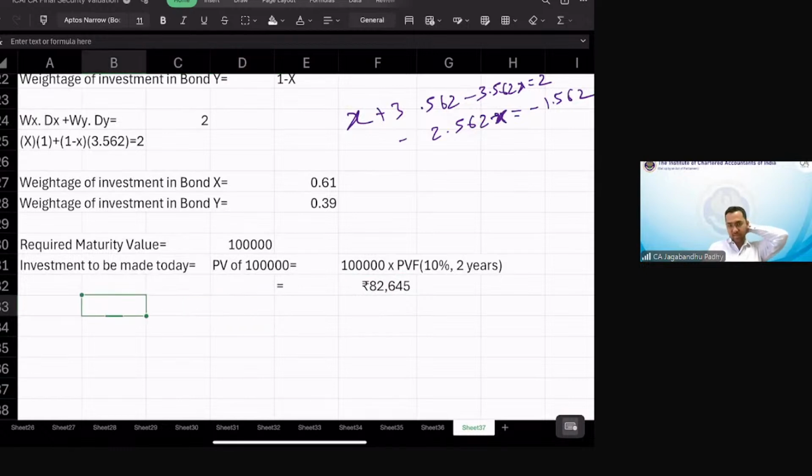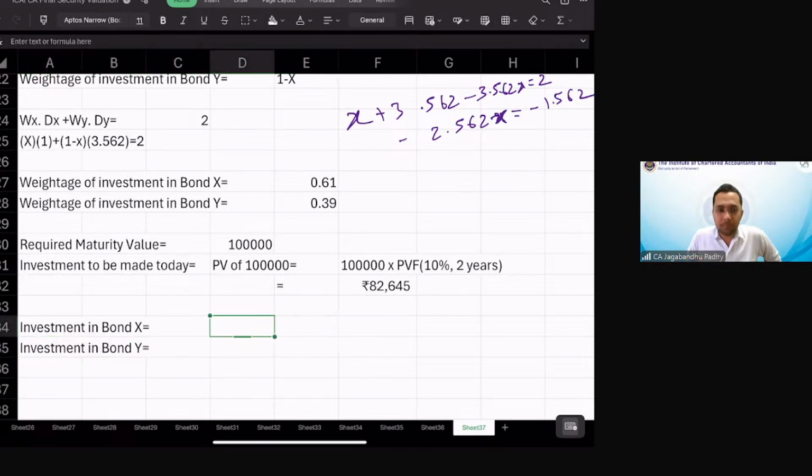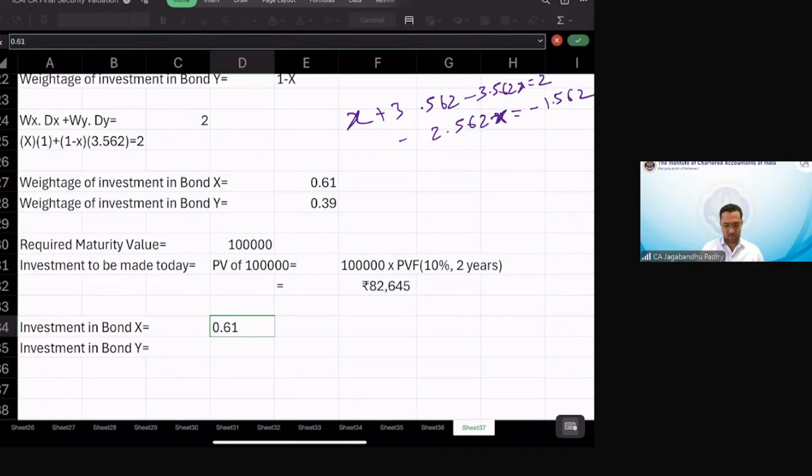Now, out of this, how much am I going to invest in bond X and how much in bond Y? Can I say it's going to be 0.61 multiplied by 82,645?